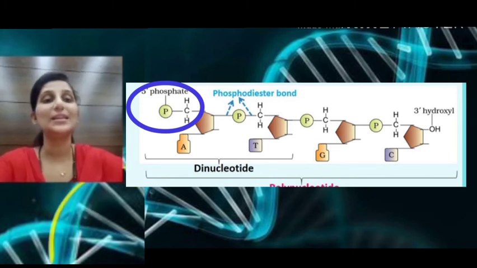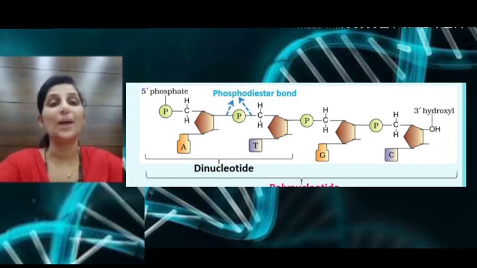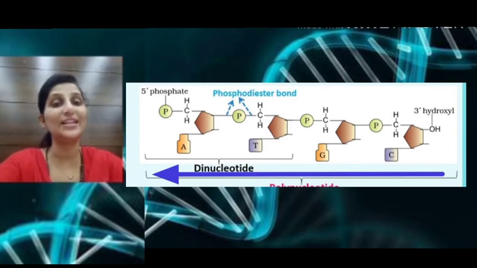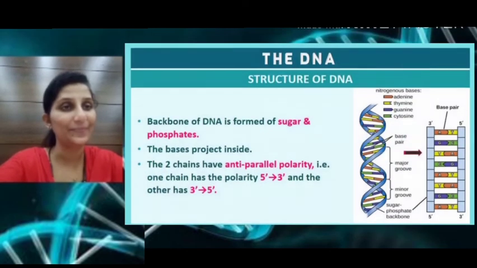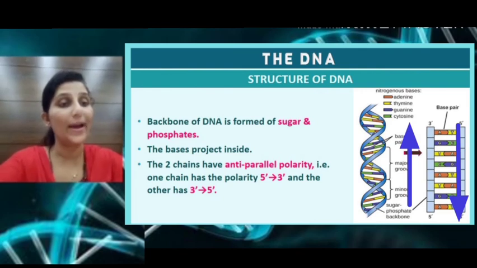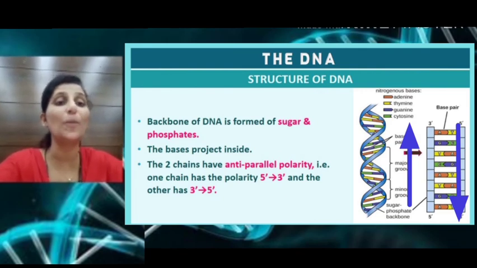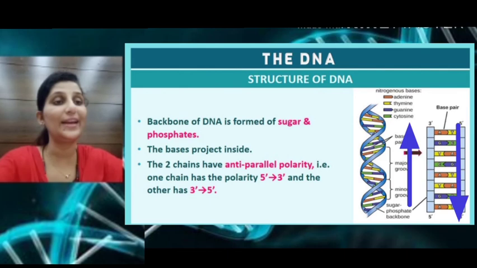So this is the direction in which a polynucleotide or DNA strand is running, that is in the 5' to 3' direction. In this case, we can see that this is running in the 5' to 3' direction, whereas the other strand is running in the opposite direction, that is from 3' to 5'.